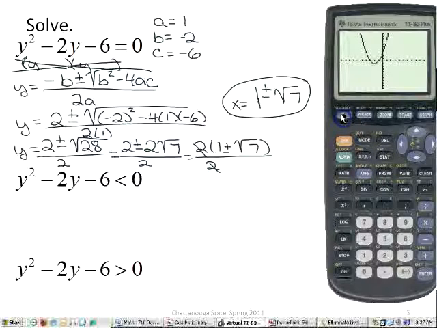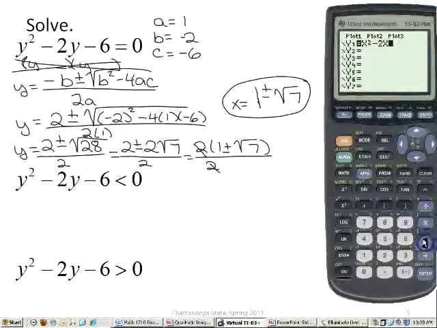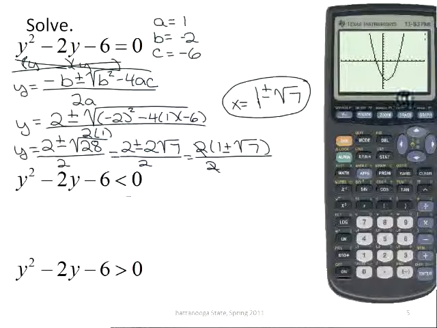Now, let's look at the graph. x squared minus 2x minus 6. Here's one of the x-intercepts, so this would be 1 minus the square root of 7. And here's the other one, 1 plus the square root of 7.